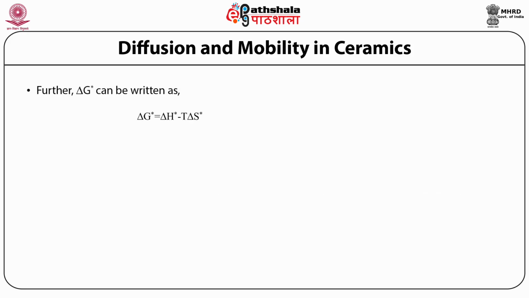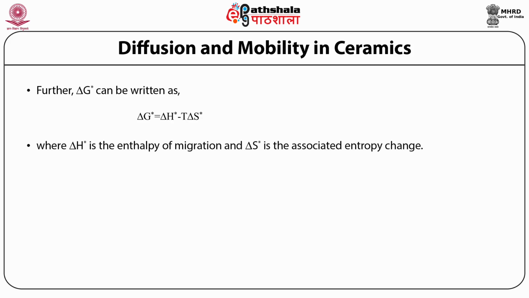Further, delta G star can be written as delta H star minus T delta S star. Here, delta H star is the enthalpy of migration and delta S star is the associated entropy change.